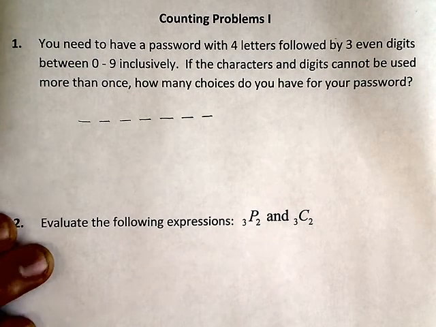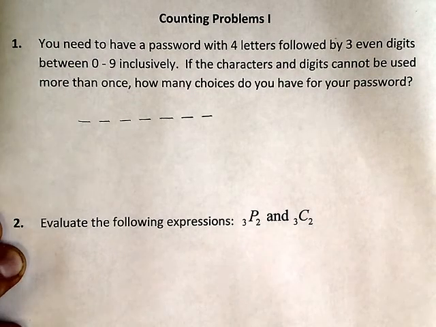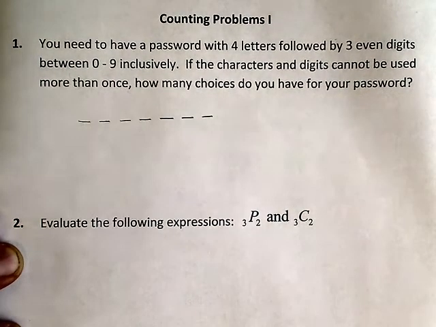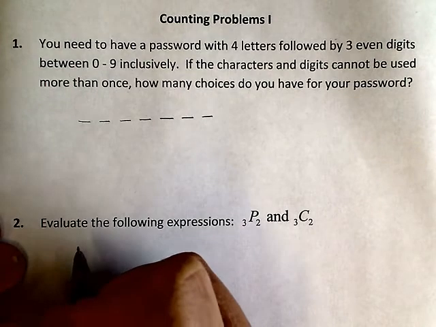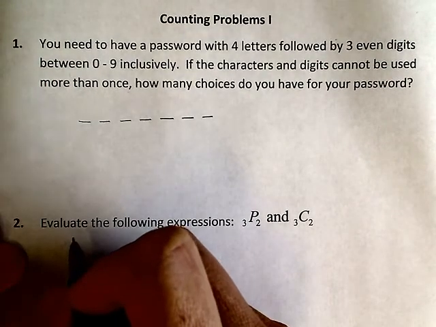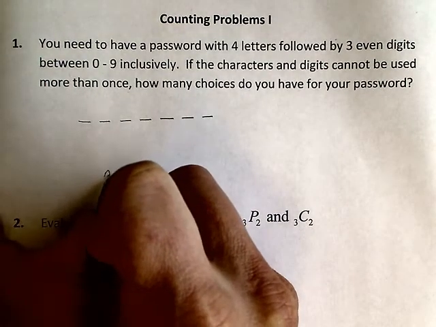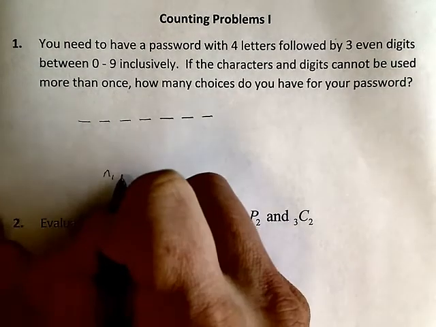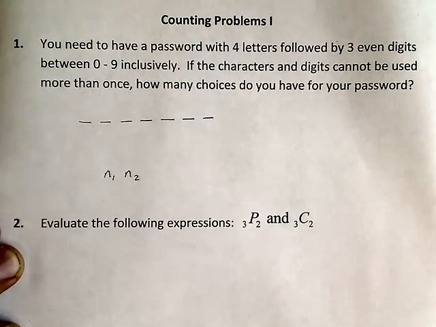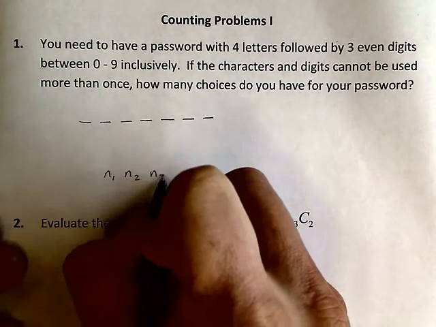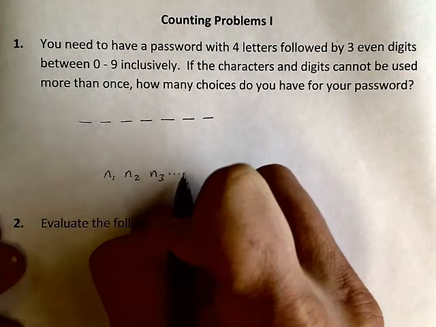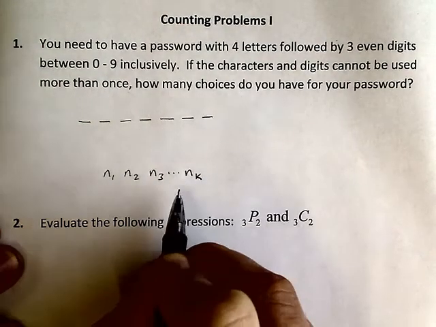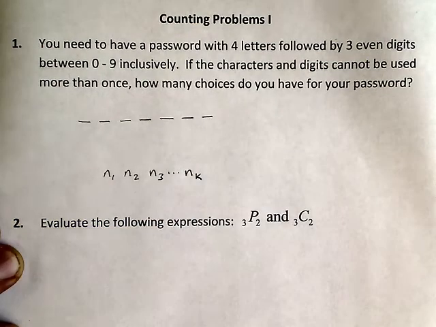But I'm going to appeal to the counting rule, the fundamental rule of counting, as it's called in your textbook. And basically, it says that if I have a task that I want to complete in K steps, and the first step can be done in N1 ways, the second step can be done in N2 ways, the third step can be done in N3 ways, and so forth, all the way up to the kth step can be done in N sub k ways.